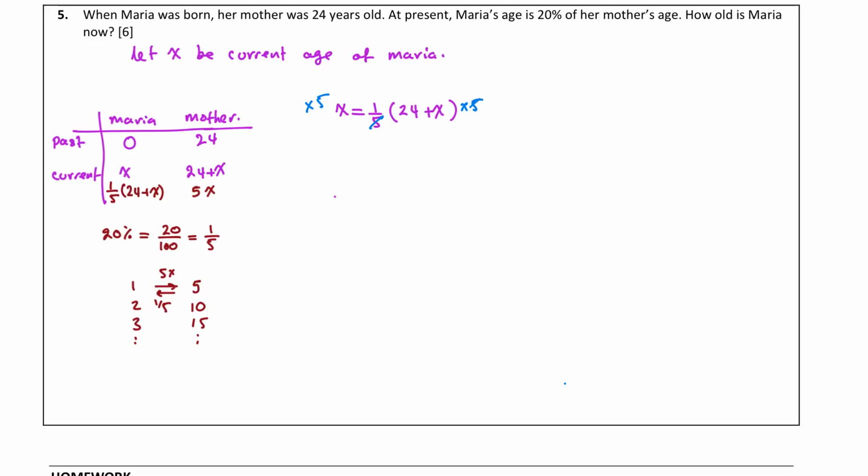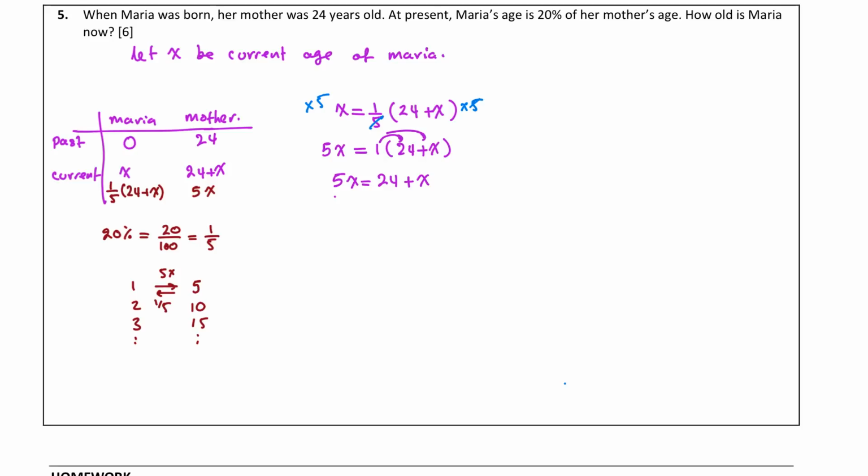So then I will get 5 times x on the left hand side is equal to 1 times 24 plus x on the right hand side. The 1 has to be distributed, so I get 5x is equal to 1 times 24 is 24, and 1 times x is just x. Again, if you multiply 1 by any polynomial inside a bracket, you can just get rid of the brackets because 1 times any number is itself.